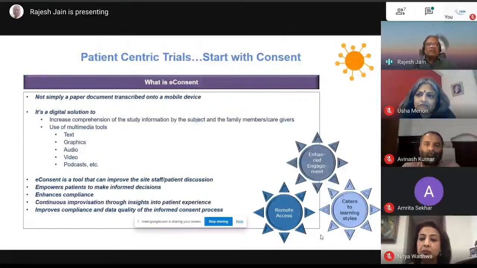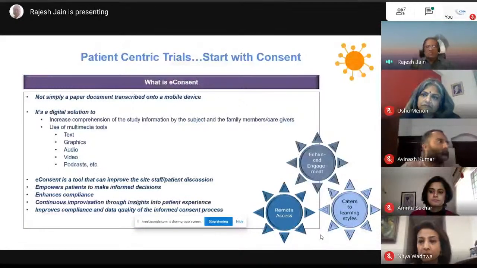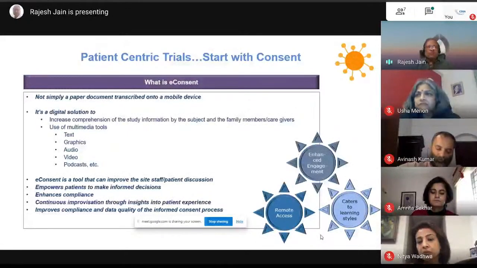E-consent is a complete digital technology that allows you to manage all of the information that you want to share with a prospective subject, and leverage transmedia technologies, which would mean text, graphics, audios, videos, podcasts, chats, etc., to make the participant a more engaged patient, and also make sure that he understands the information you're presenting much more comprehensively, and he or she ends up taking an informed decision of participating in or rejecting a trial.